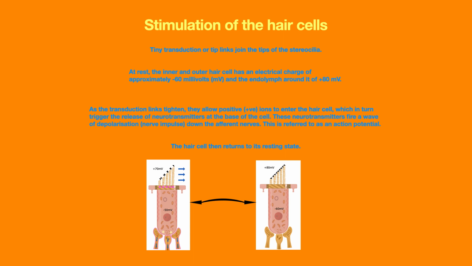As the transduction links tighten, they allow positive ions to enter the hair cell, which in turn trigger the release of neurotransmitters at the base of the cell. These neurotransmitters fire a wave of depolarization, or a nerve impulse, down the afferent nerves. This is referred to as an action potential. The hair cell then returns to its resting state.